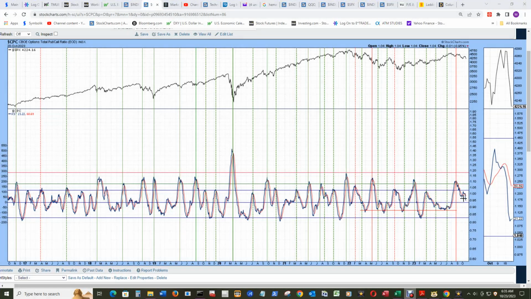So I have no idea what the zero heads are doing, as I call them, zero-day options aficionados. I have no idea what they do. All I know is they've completely broken this reliable indicator and created more volatility in the S&P 500.